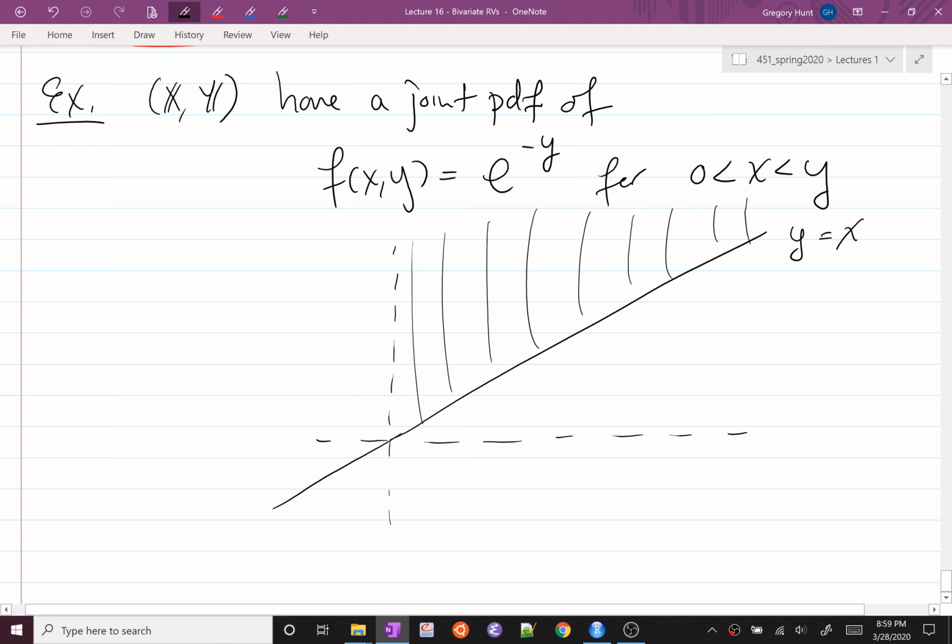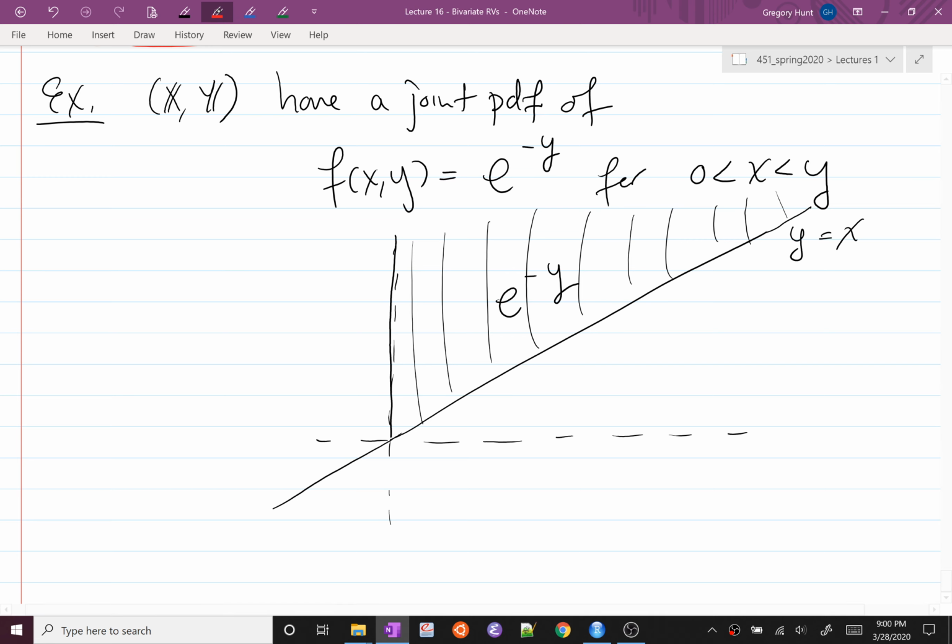So that's the region over which my PDF f_xy is defined. It doesn't have to involve x and y, it's just e to the negative y in this case. But that's the region over which it's defined, and so it has a value of e to the negative y in this region, and 0 everywhere else. It's bounded by the y-axis here, because y better be bigger than 0.